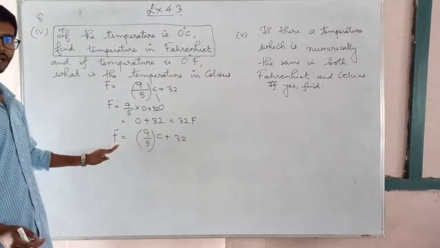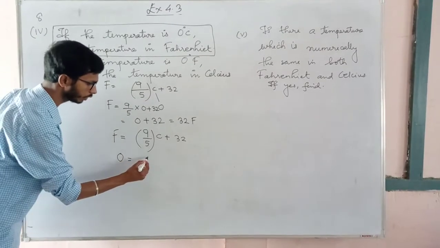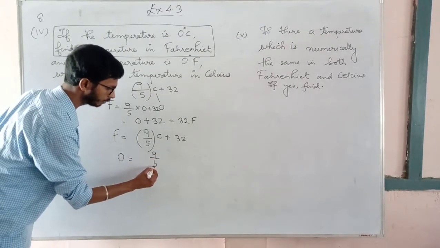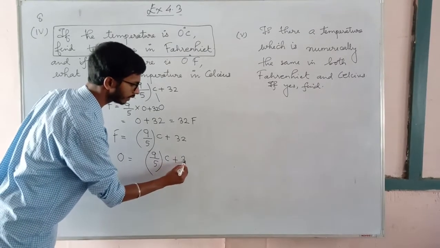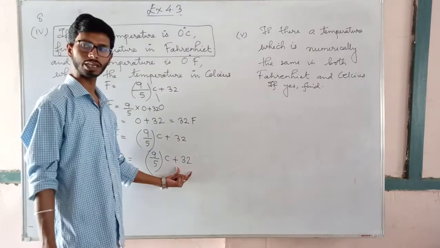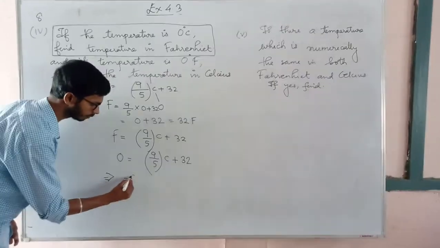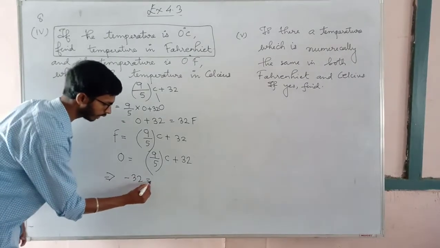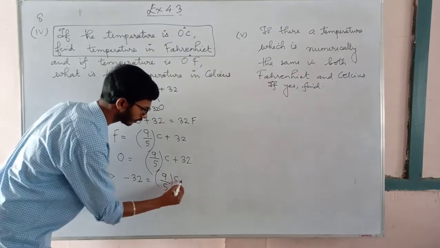So in place of F, we will write 0. 0 equal to 9 by 5 into C plus 32. So this plus 32 we can bring to the left hand side, it will become minus. So minus 32 equal to 9 by 5 into C.